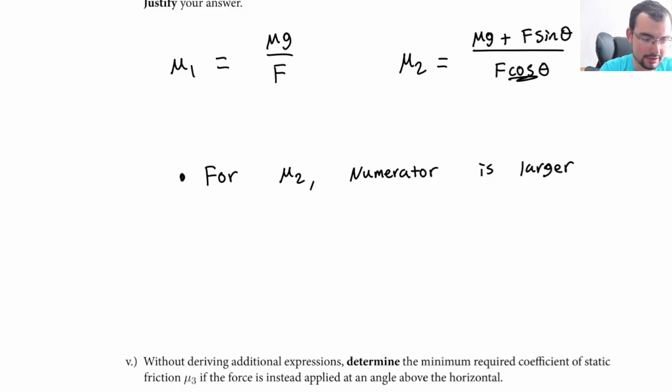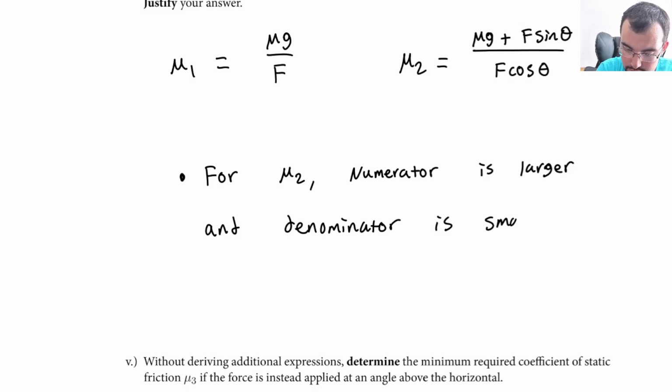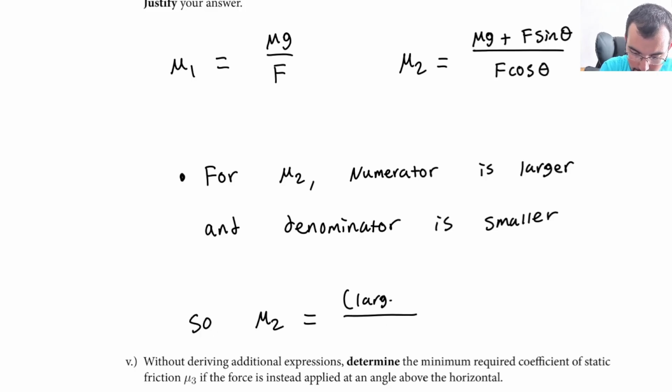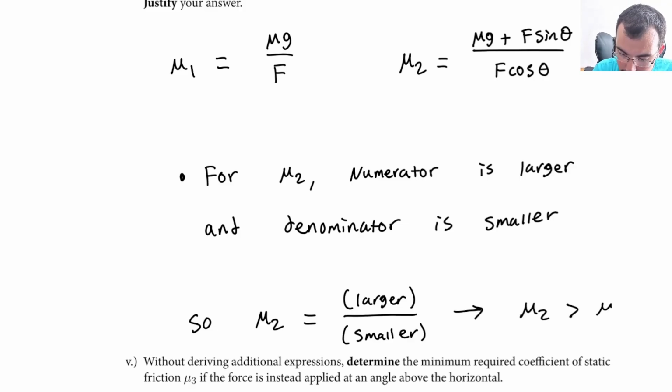So F cos theta is always smaller than F. So not only is the numerator larger, the denominator is also smaller. So mu2 is going to be equal to something that is larger divided by something that is smaller, which means that mu2 is larger than mu1, as expected.